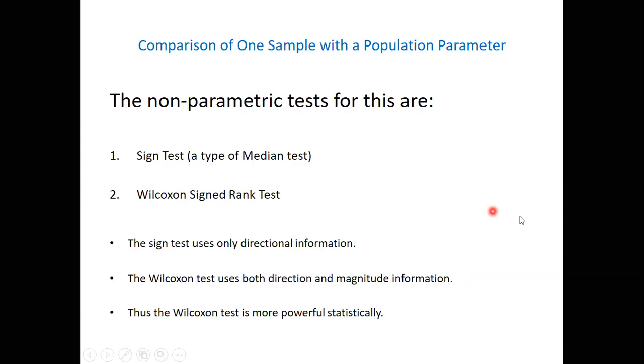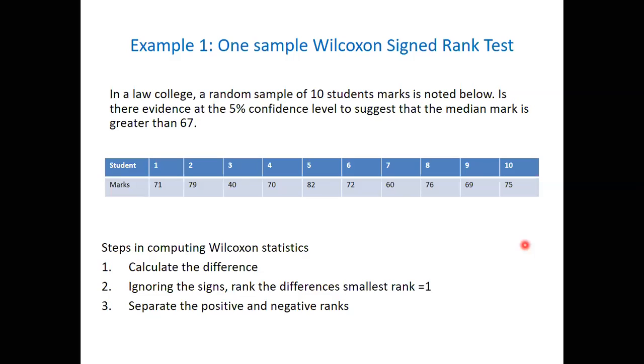Now, because of that, the Wilcoxon test is more powerful statistically because it looks at the direction and also the magnitude. So let's quickly look at a scenario here, because some of these things are better understood with a scenario. It's better to be practical for people to understand.